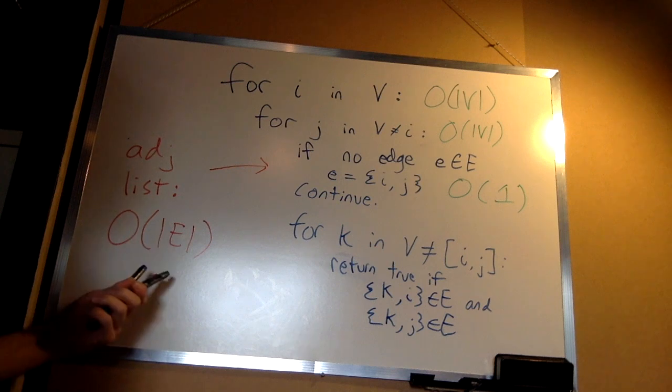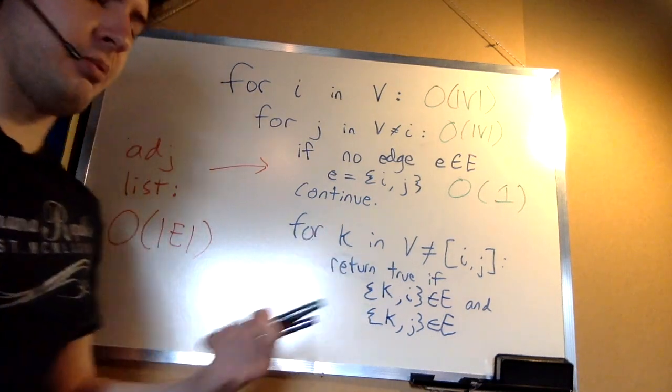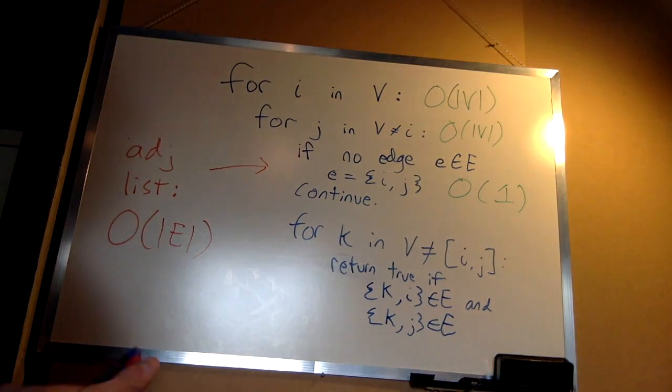So we might actually have like O of V cubed E squared or something, now that I think about it. Let's just complete this analysis and then figure it out.